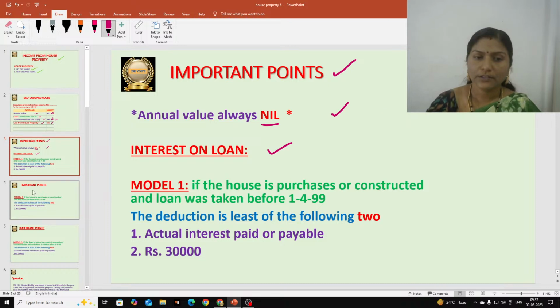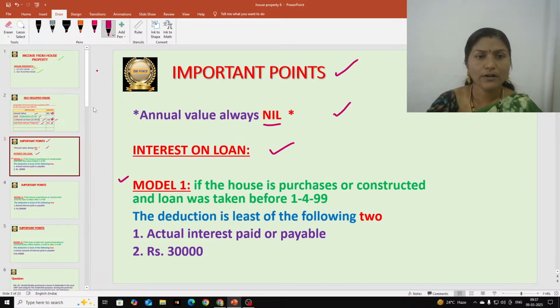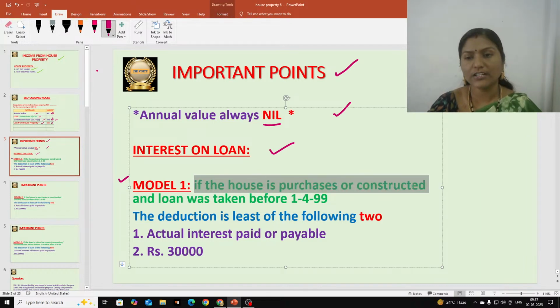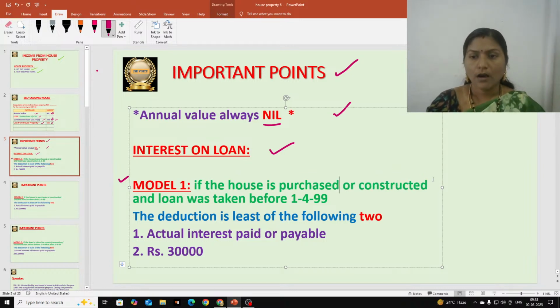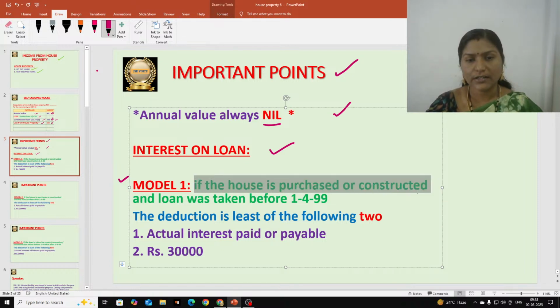This is model 1, students. When do we have to apply this model 1? I will read that, you can see. We apply model 1 if the house is purchased or constructed and the loan was taken before 1-4-99.